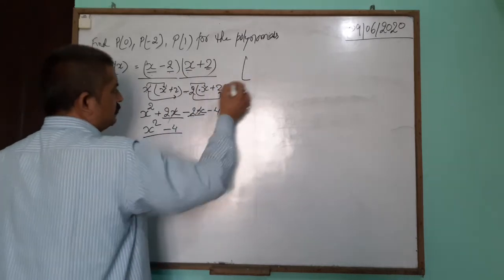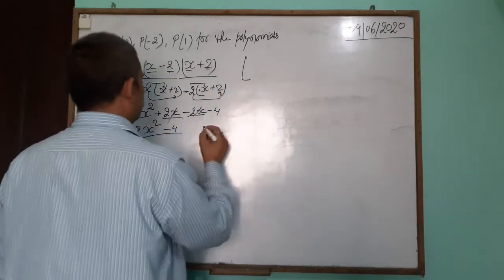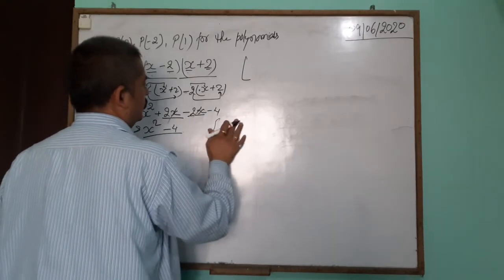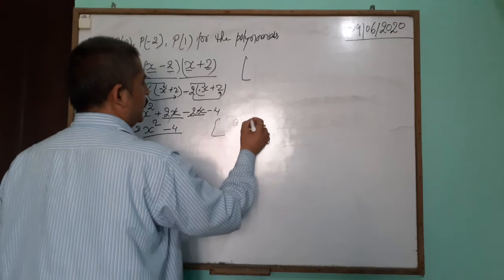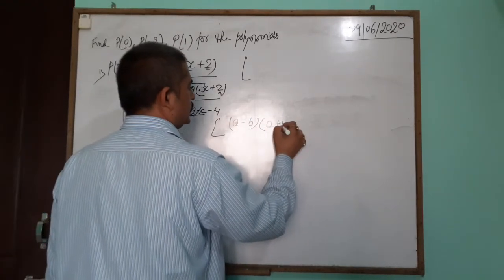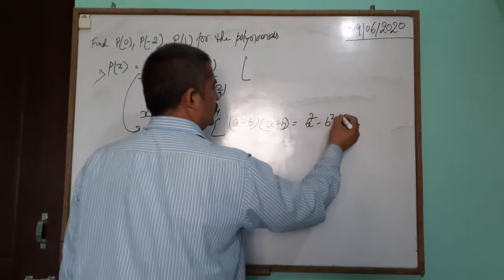But any student can directly write it using the identity: a minus b into a plus b equals a square minus b square.